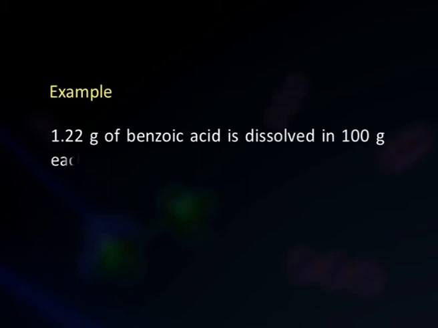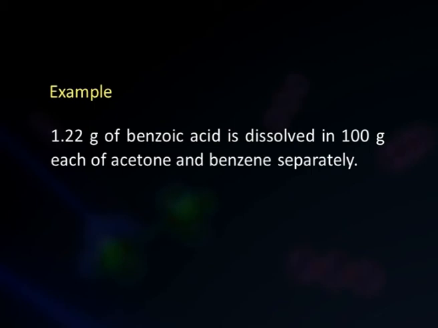Sometimes some solutes can have normal molecular mass in one solvent and abnormal molecular mass in another solvent. Let us consider one example to understand this. 1.22 grams of benzoic acid is dissolved in 100 grams each of acetone and benzene separately.